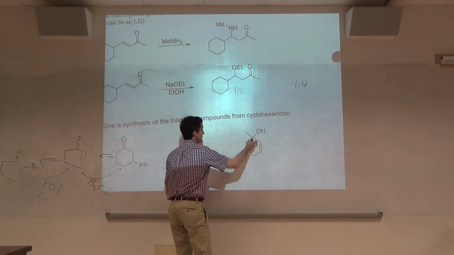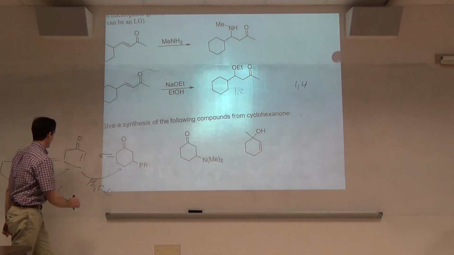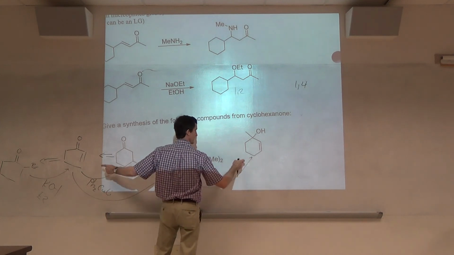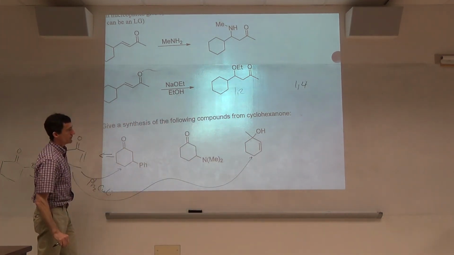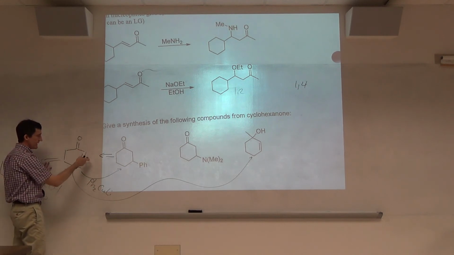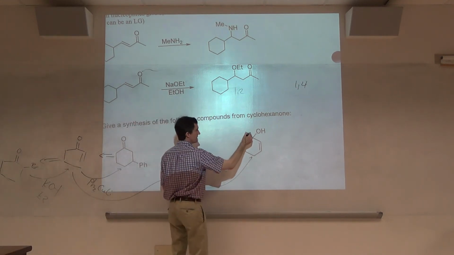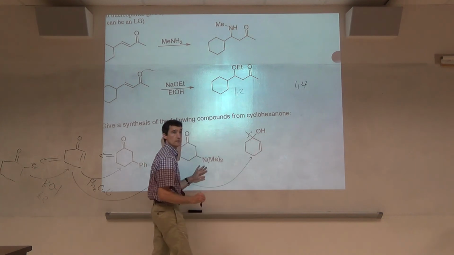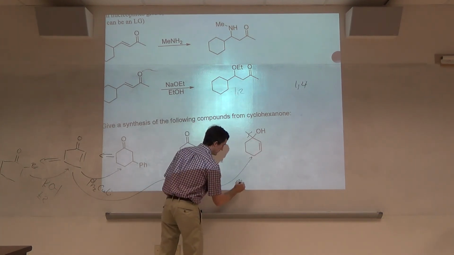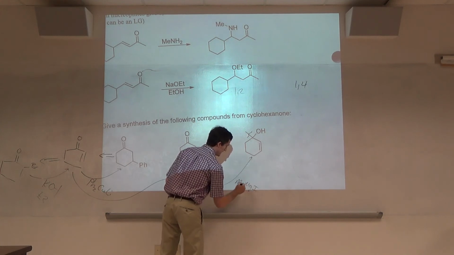How about this guy? How would you make it? Instead of reacting, what do you want to react that with to get this? What happened there? Instead of a nucleophile adding by Michael addition, it looks like a nucleophile added to the carbonyl. What was the nucleophile? Methyl magnesium iodide.